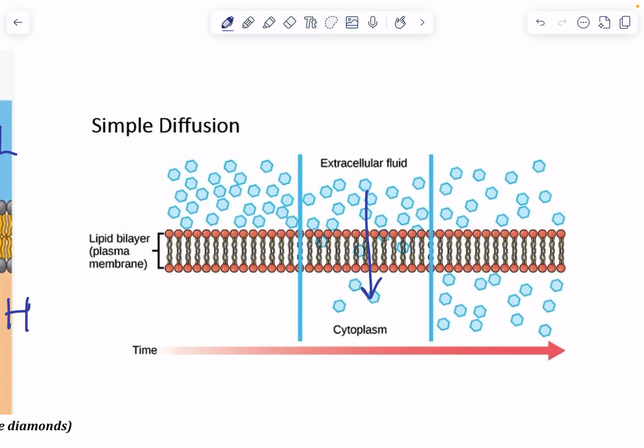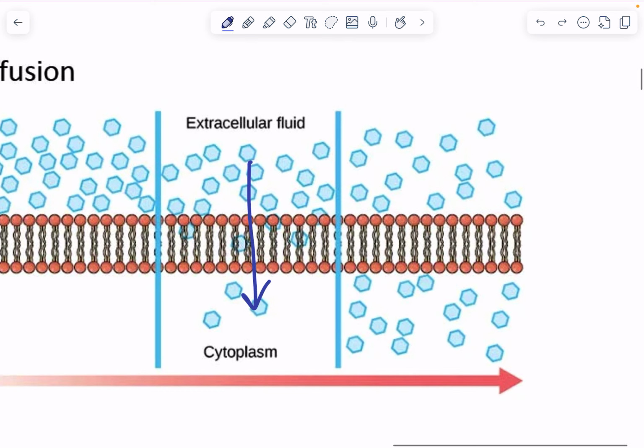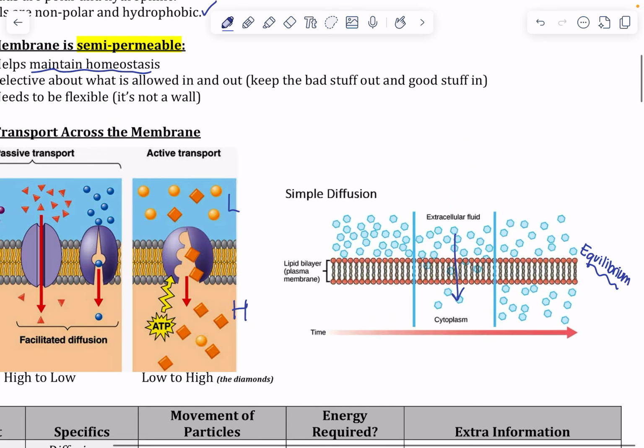They're not diffusing across so that all of them cross to the other side per se, but they are diffusing from high to low so that they can reach equilibrium. The word equilibrium means the same on both sides, and that's what we want to achieve here.